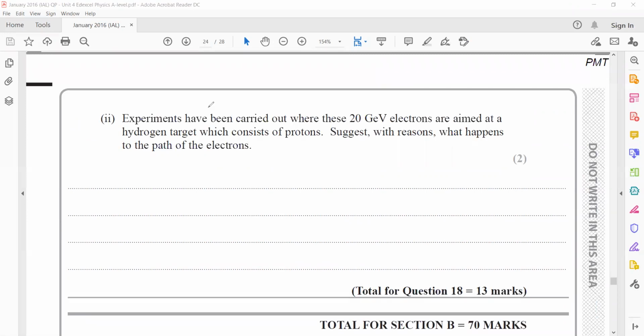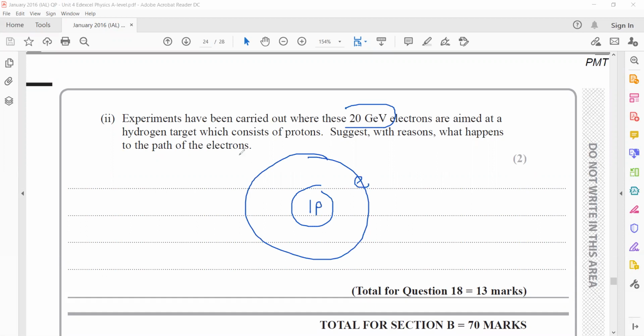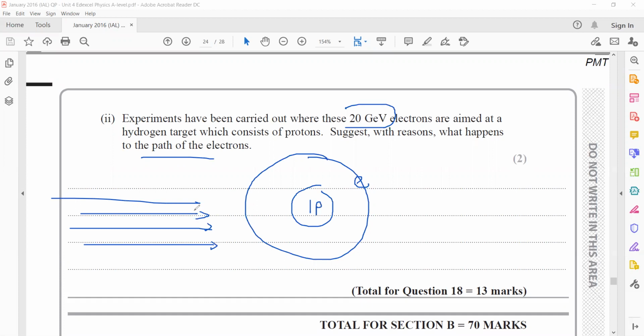Okay. Next part, an experiment has been carried out where these 60 giga electron volt electrons are aimed at hydrogen. So hydrogen contains a proton in the nucleus, and an electron is there around the nucleus. Suggest, with the reason, what happened to the path of the electron. So if a sample of hydrogen is there, and we target this with 60 giga electron volt electrons, meaning a high beam of electrons, what will we observe? A diffraction.